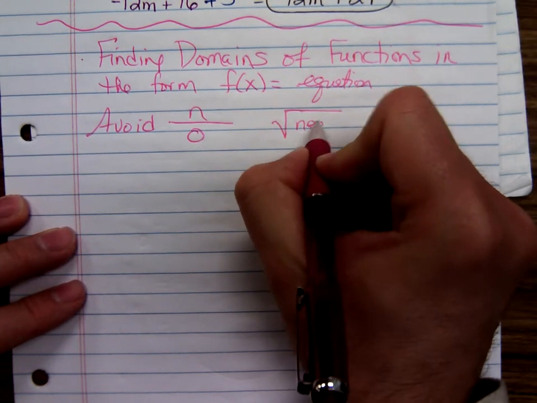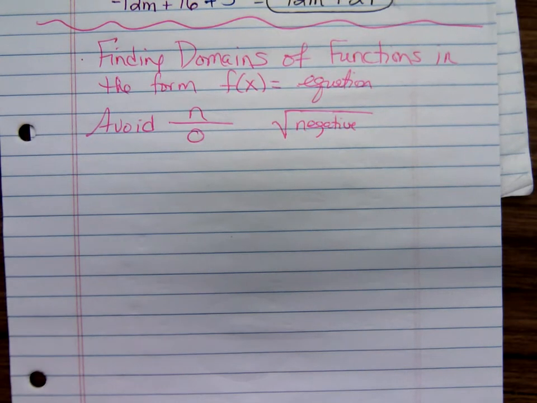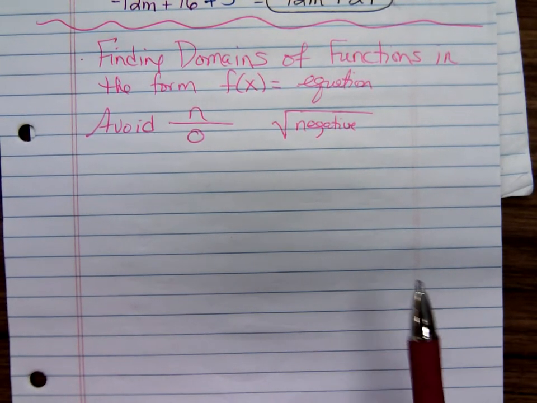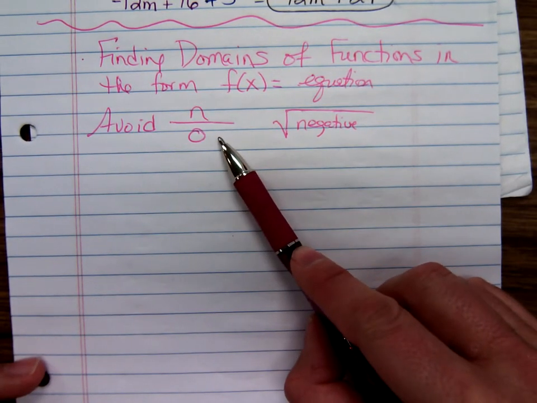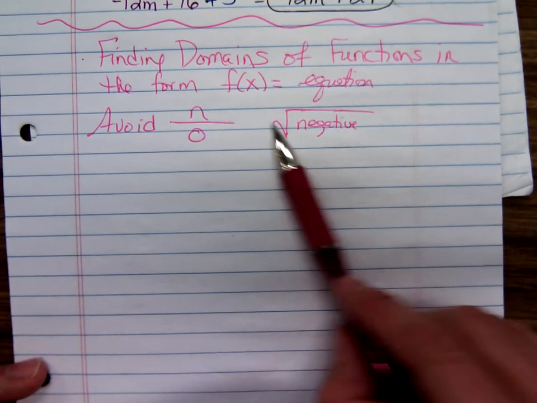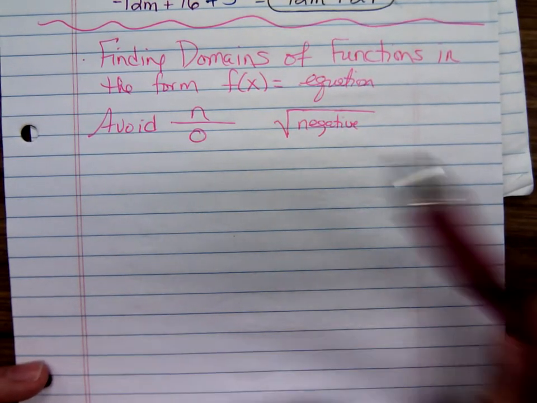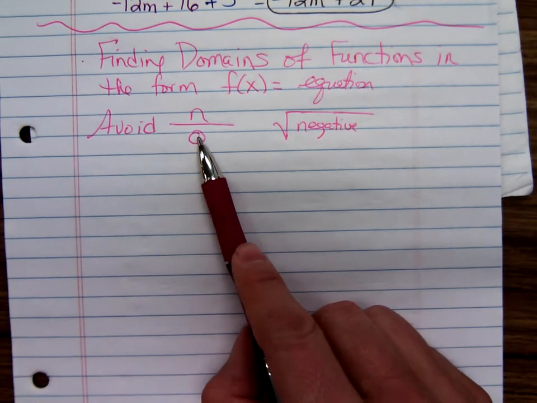So what we want to do is figure out what numbers can we plug in for x. You want to avoid getting a zero in the bottom of a fraction or a negative under a square root. If there's no square roots in the problem, then you don't even have to worry with that.